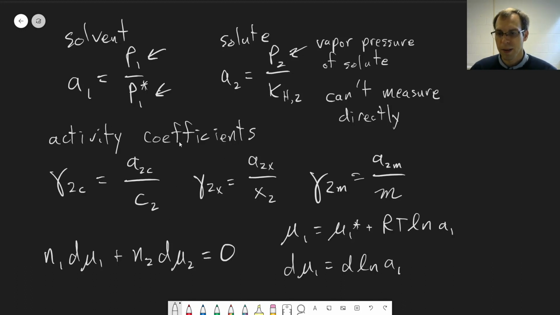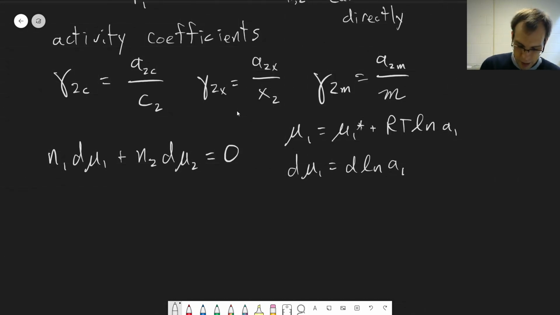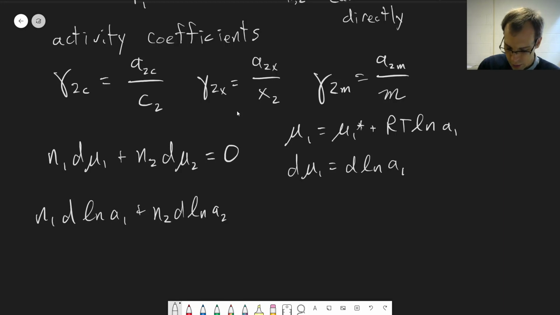And so we can write the Gibbs-Duhem equation specifically for this sort of solid liquid solution as N1 d natural log of A1 plus N2 d natural log of A2 equals 0. Now we have something that directly relates activities for the solvent and activities for the solute. So if we can find the activity for the solvent, we can then determine the activity for the solute.